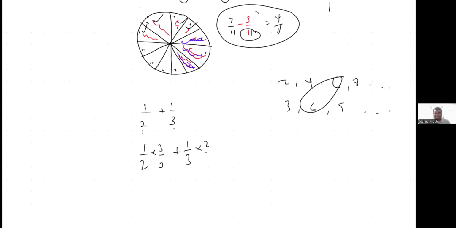This gives me 3 out of 6 plus 2 out of 6. Now I have the same denominators, so I can do 3 plus 2 over 6, which is 5 out of 6.